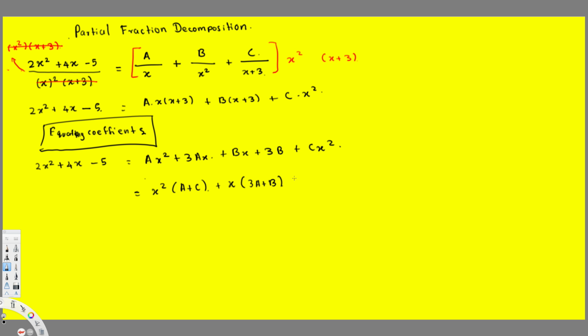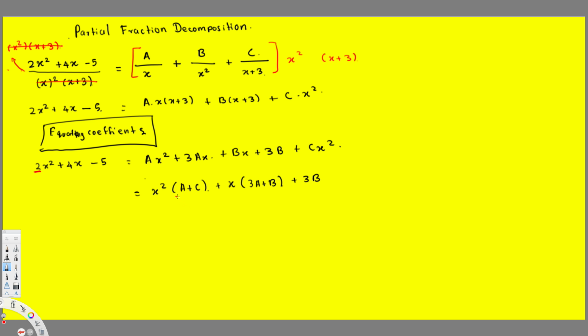And in the third one, we are going to have 3b right here, and we took all the values. I did this because we have x squared, x, and a constant value. Whatever the value in front of x squared, I'm going to equate to the value in front of this x squared.